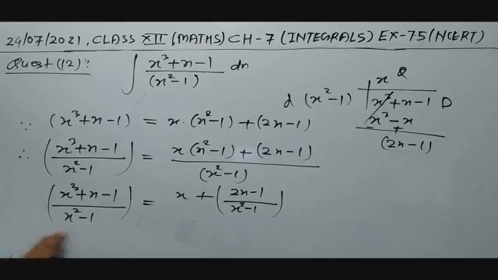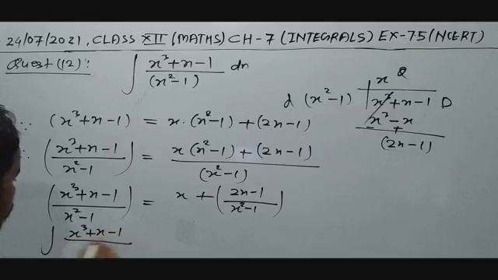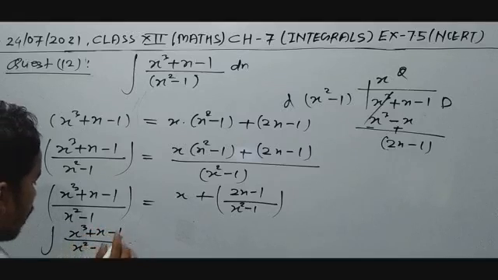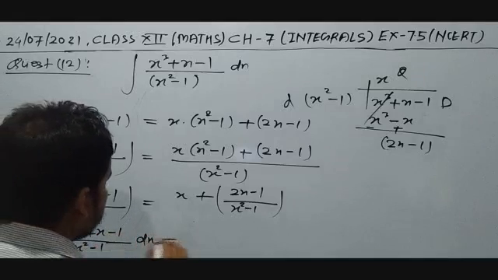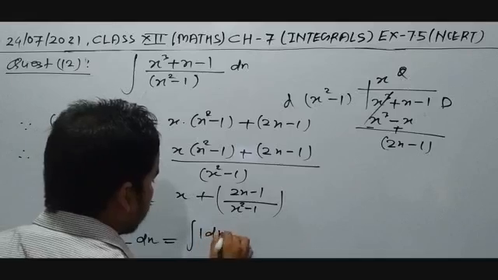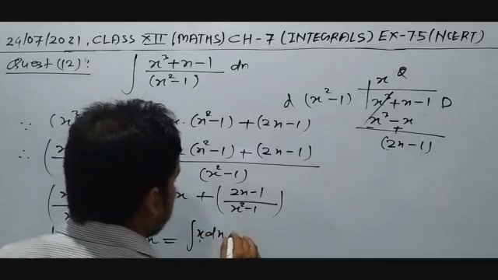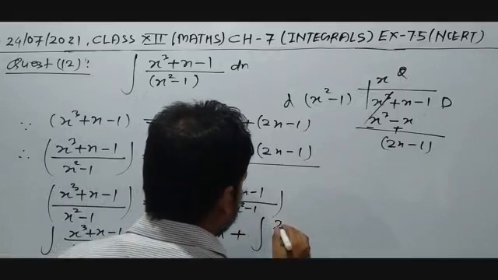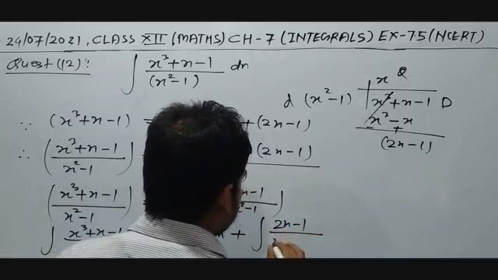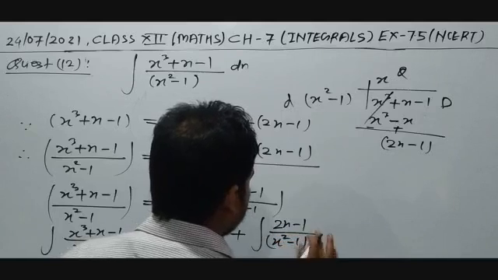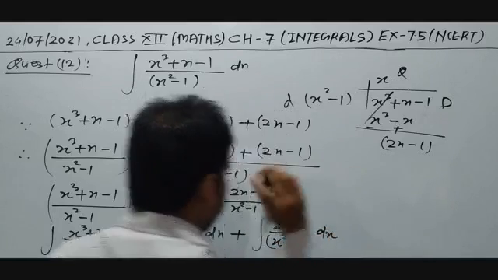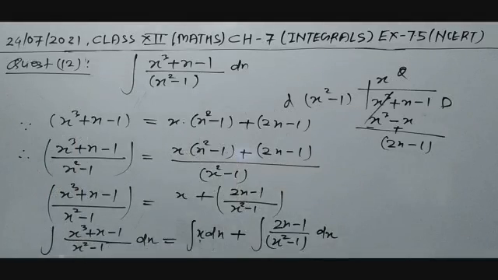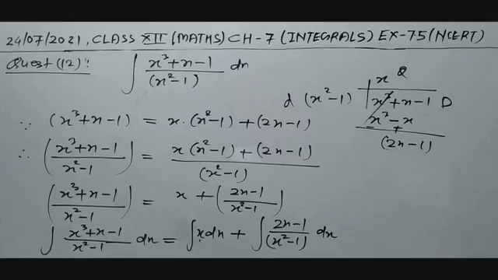Now you can apply the integral and dx sign on both sides. So the integration of (x cube plus x minus 1) whole upon x square minus 1 dx is equal to integration of x dx plus integration of (2x minus 1) whole upon x square minus 1 dx. Now we have split the integral into two terms.